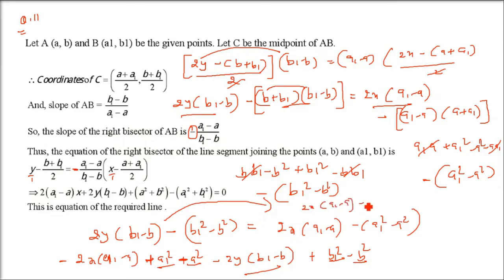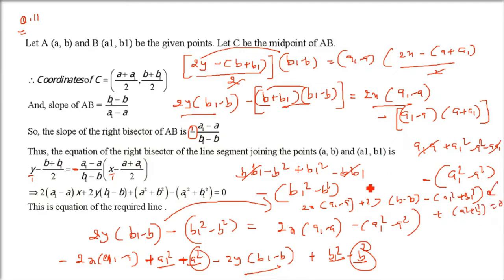You get 2x(a1 minus a), and minus 2y becomes plus 2y(b1 minus b), and then you have a1 square and b1 square, both negative, so you take minus common: a1 square plus b1 square. Since a square and b square become positive here, the sign changes because of the negative slope. So you get a square plus b square. So this is the final result.